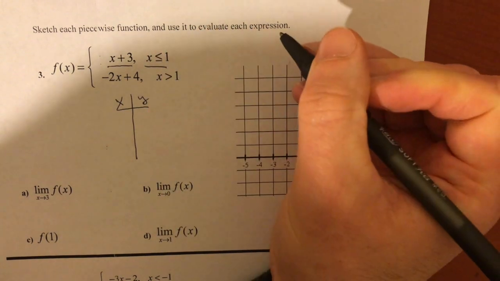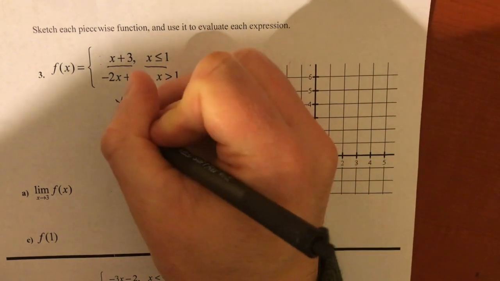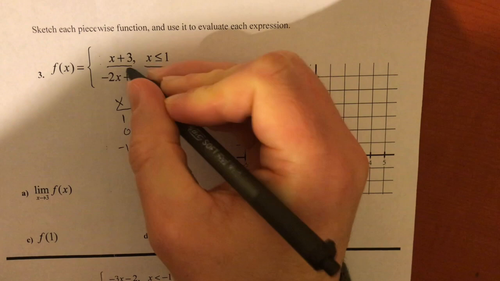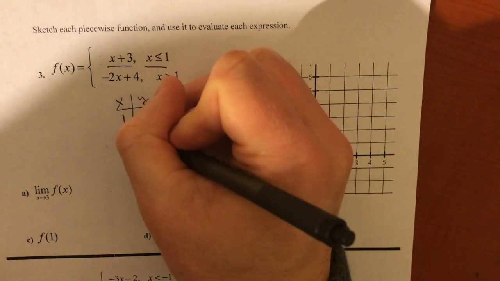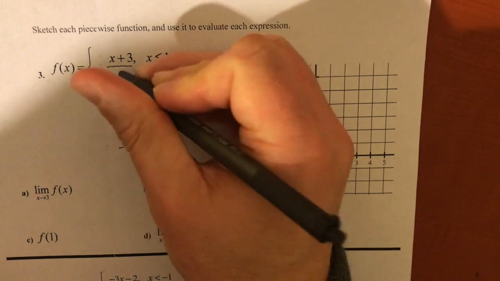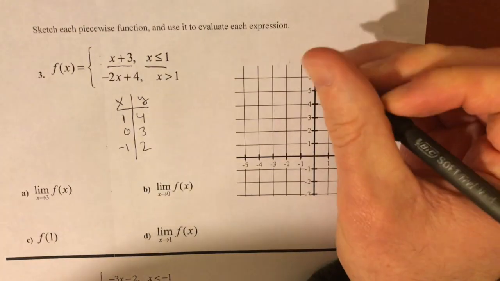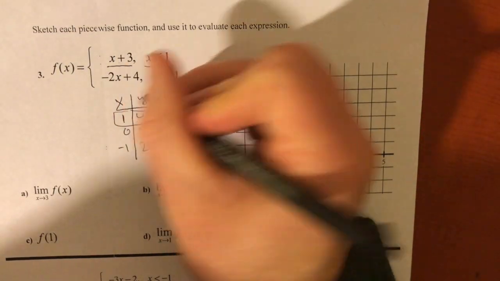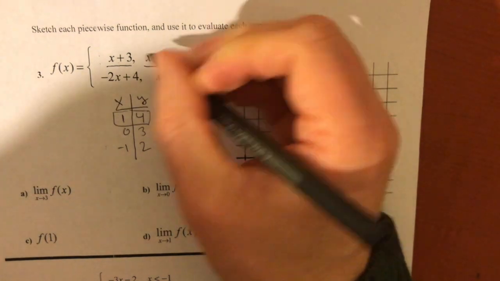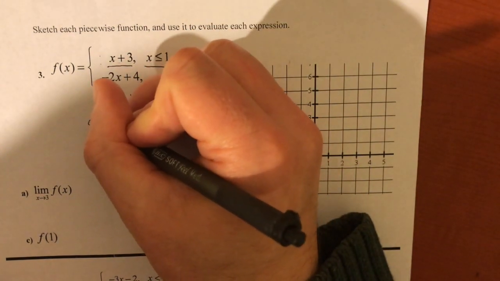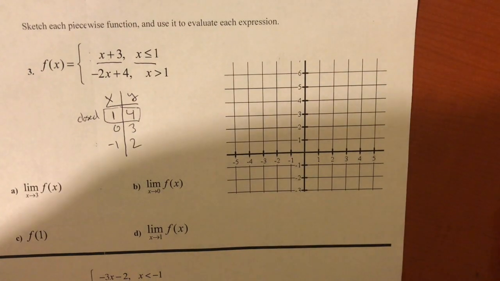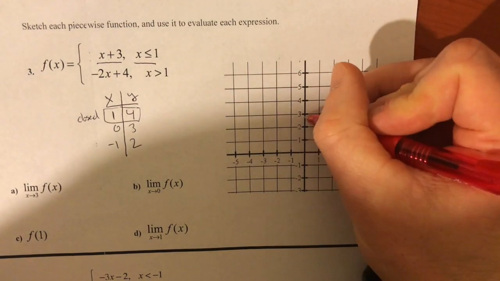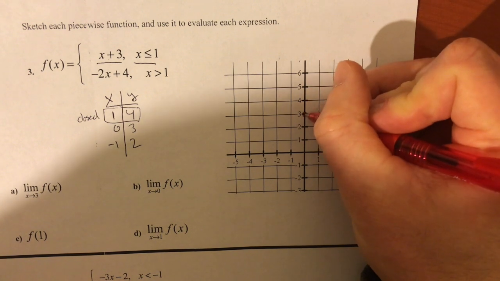You could make a table and only use x values that are less than or equal to 1: 1, 0, -1, and plug into here, and you'll get 4, 0 plus 3 is 3, -1 plus 3 is 2. You plot the point at 1 with a closed point because it's equal to. Or you might just say, it's a line with a y-intercept of 3 and a slope of 1.